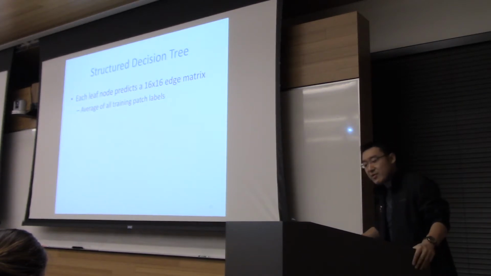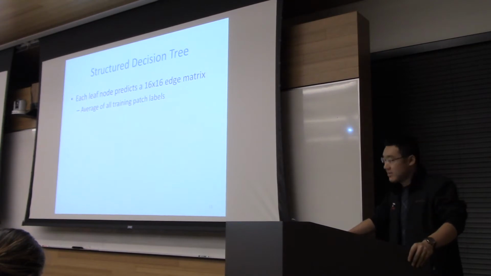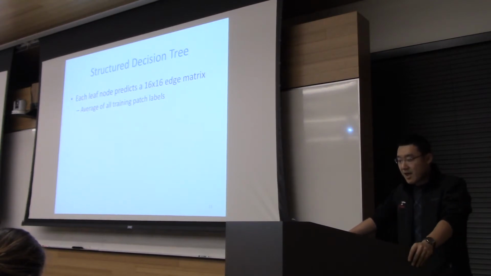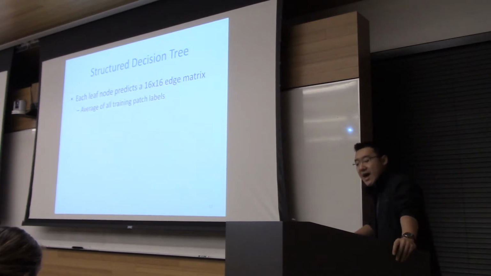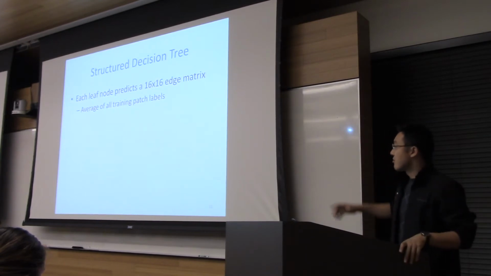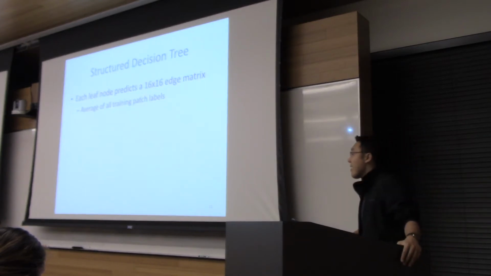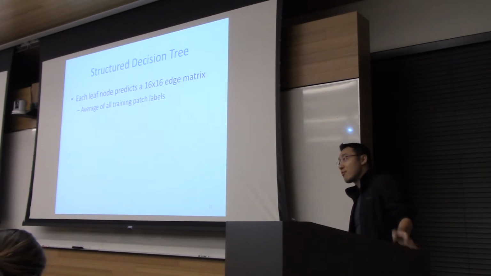And so here, each leaf node predicts a 16 by 16 edge matrix, right? And how you define this 16 by 16 edge matrix is the average of all the training patch labels. So if you recall, when you train a decision tree, it defines a partitioning over the training set.